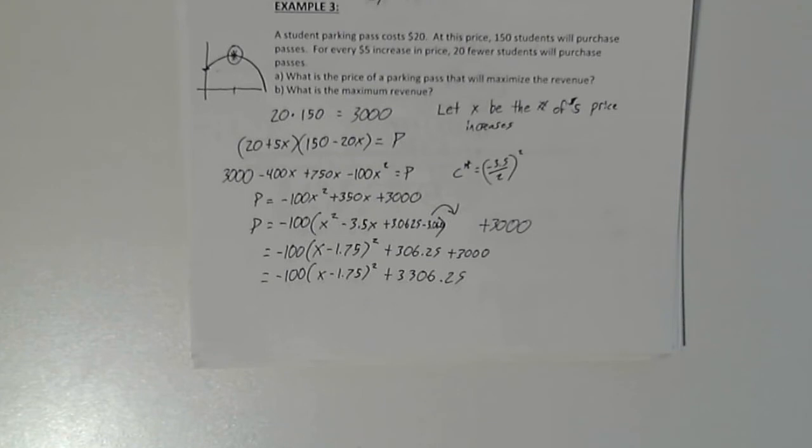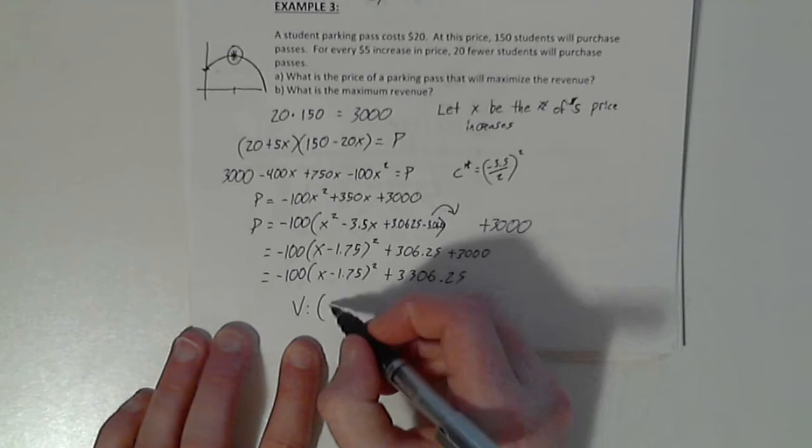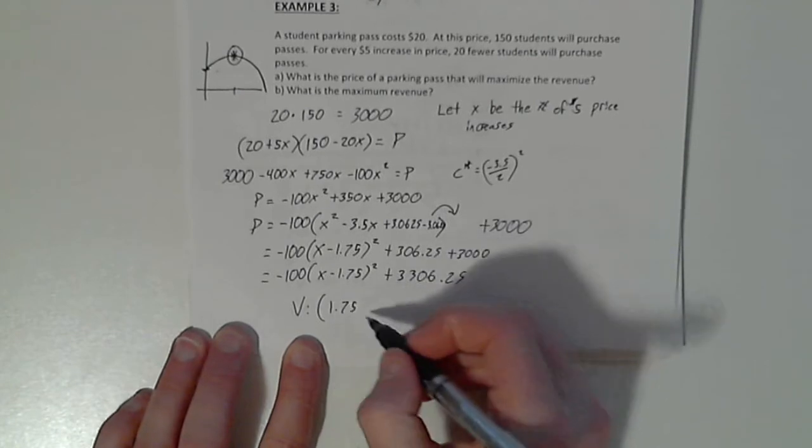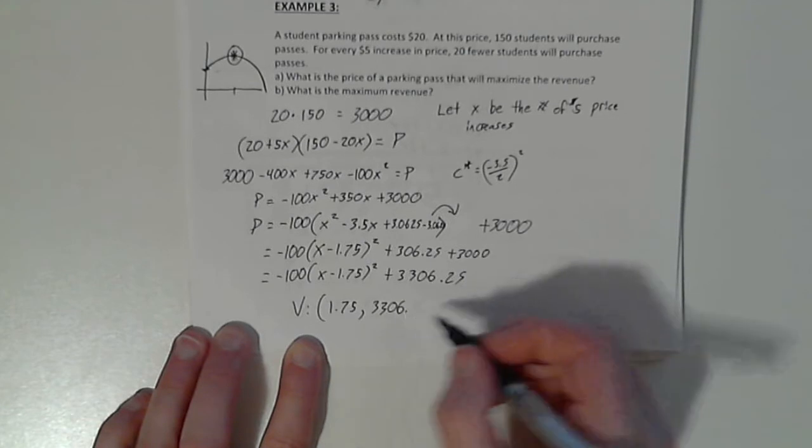Okay, we have our vertex. That is 1.75, 3,306.25.